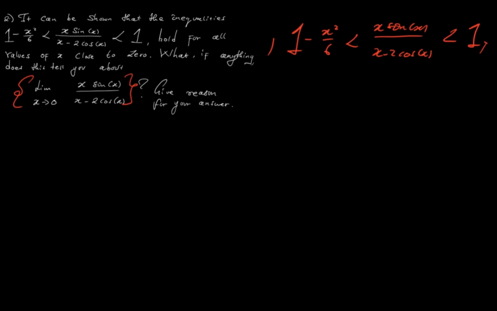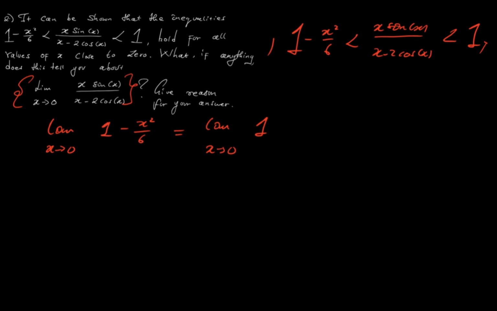So now, for us to know what it says, we need to find the limit of this middle function. And how do we do that? Remember, the limit as x approaches 0 of the first function, which is 1 minus x squared over 6, if this is equivalent to the limit of the last function as x approaches 0 of 1, it means that whatever we get here should also be equivalent to what we'll get for the middle function.